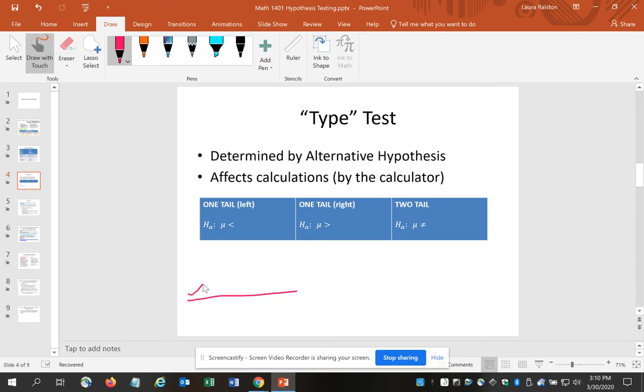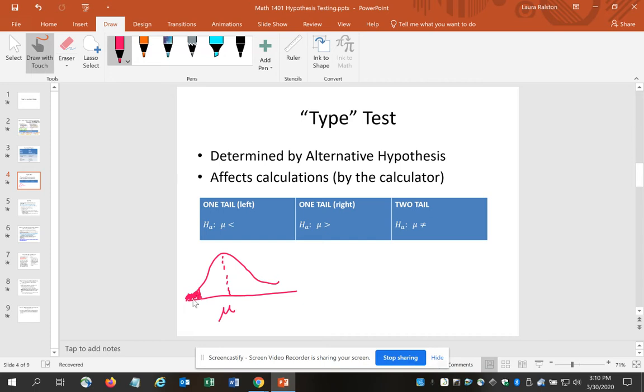which, if you'll recall, you have your horizontal baseline, your bell-shaped curve with the mean in the middle. And so if you think about it and you're trying to find values that are less than the mean, values that are less are going to be on the left-hand side. If you think about your number line, they're on the left-hand side.